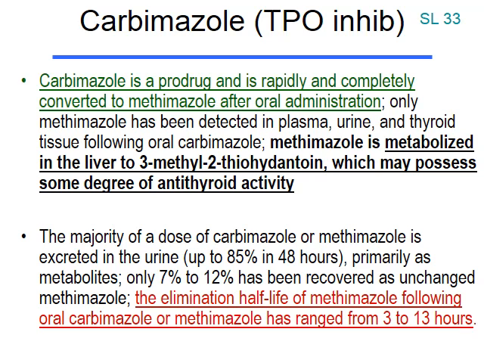So the majority of the carbimazole dose, or the methimazole that is formed, will be excreted in the urine, primarily as metabolites. A small fraction, about 7 to 12%, has been recovered as unchanged methimazole. And the elimination half-life of methimazole following that oral administration of carbimazole has ranged anywhere from 3 to 13 hours. So there's some variability there in terms of half-life.